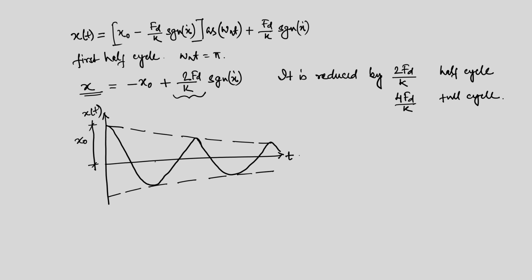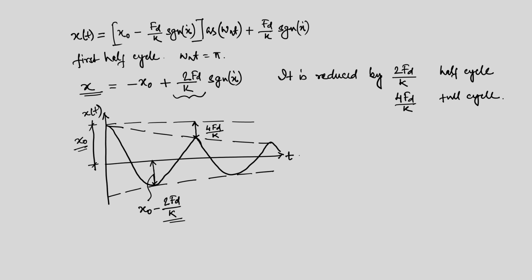Now, what is this amplitude? This is x naught minus twice f d by k. That means, if it starts from x naught, in half cycle it will be reduced by this twice f d by k, and in the full cycle if we just draw a horizontal line here, then this reduction is 4 times f d by k.